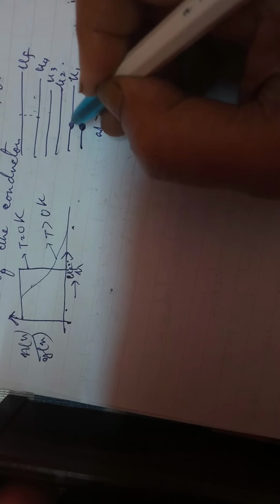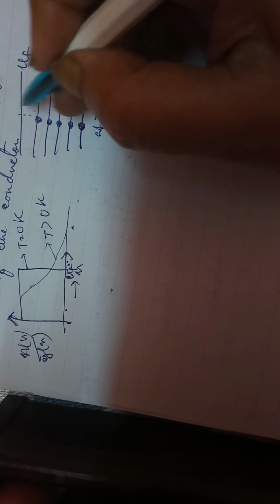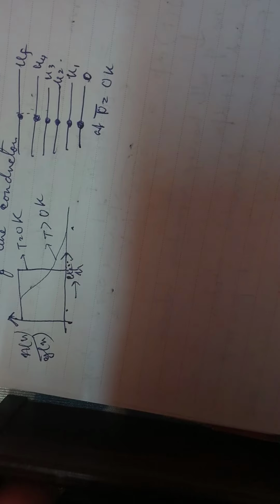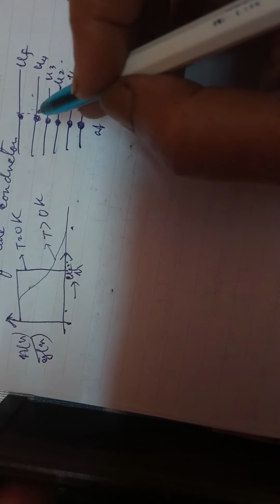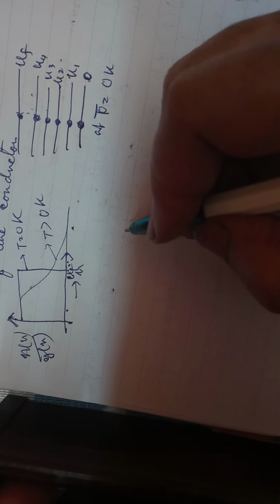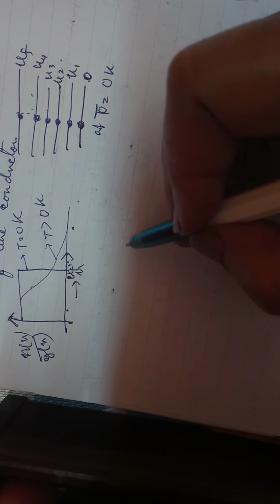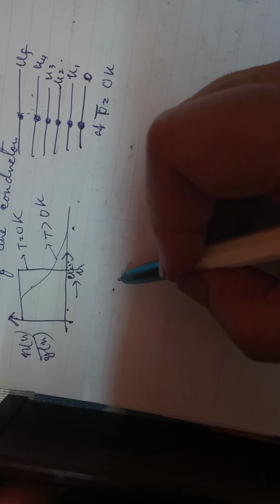Up to UF you have one electron in each level, because of Pauli's exclusion principle: no two particles can occupy the same quantum state. Above UF, no electrons. So the number of electrons is equal to the number of levels. That concept we are going to utilize in our calculations.